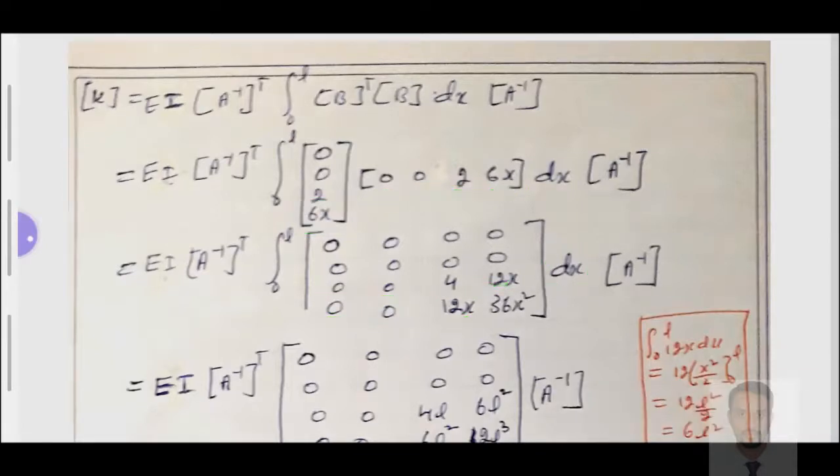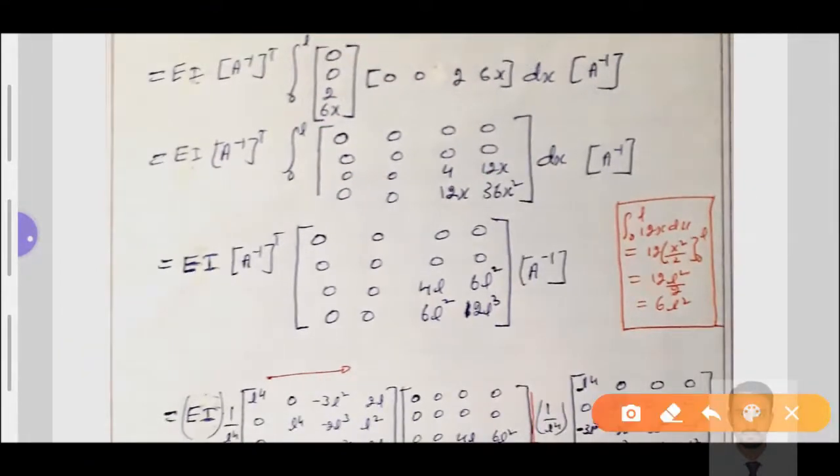Integration, A inverse remains the same. Then integrate this matrix. When we integrate and apply the boundary condition, integration of this becomes x, limits 0 to L. 4 becomes, integration of dx becomes what, 4L, applying boundary condition. And then similarly we have here 12x, this becomes x square, integration limits 0, x square by 2.